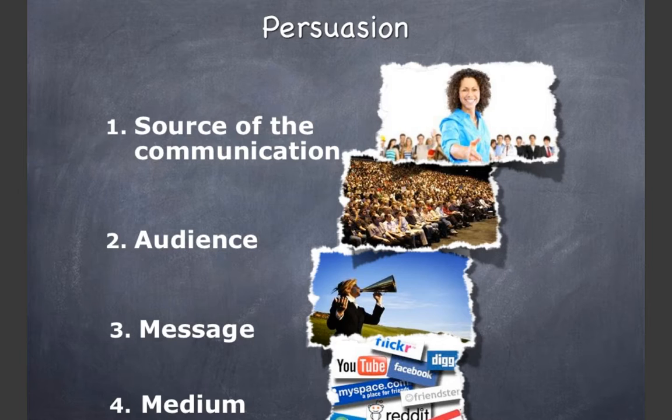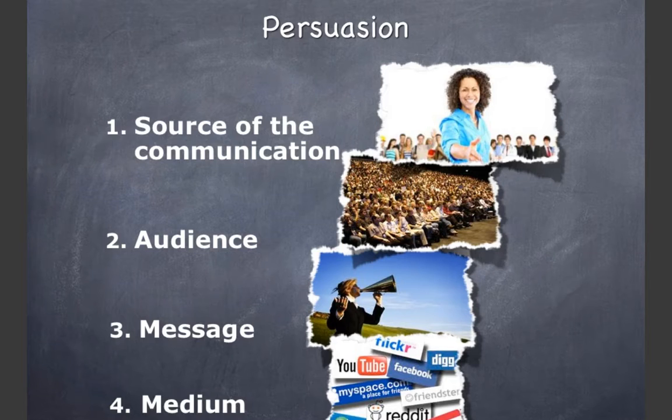The third point is the message, the what is being said part. And so what's being said can influence the persuasion. If it's strong, positive, and aligned with attitudes I already have, I might be more easily persuaded by the message.